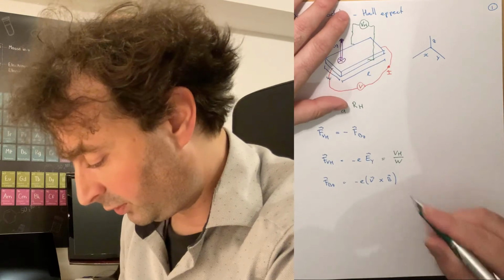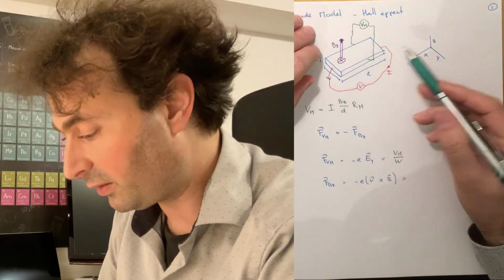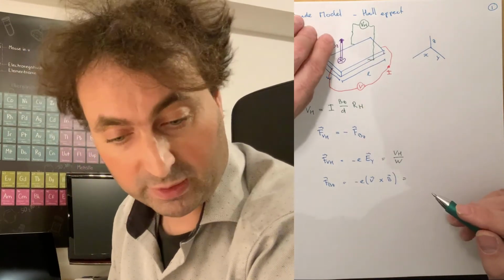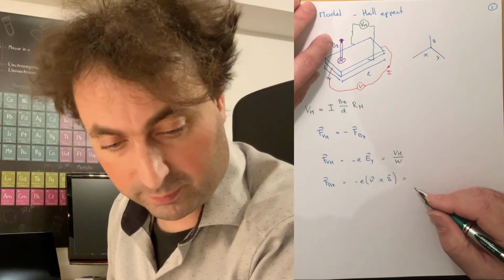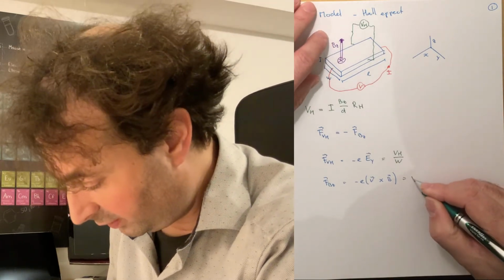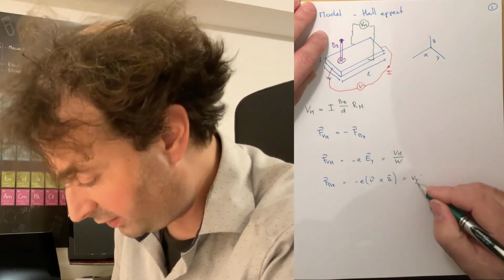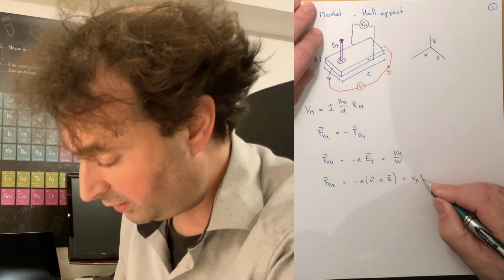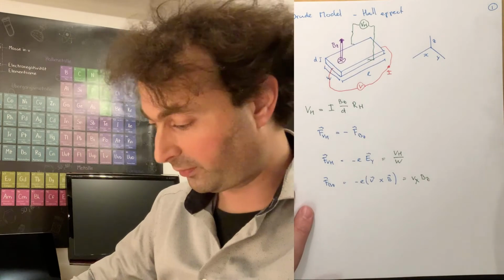Again, for the case that we have here, where the magnetic field is in the z direction and the velocity in the x direction, the force is going to be perfectly in the y direction, and this is given by the velocity in the x direction times the magnetic field in the z direction.